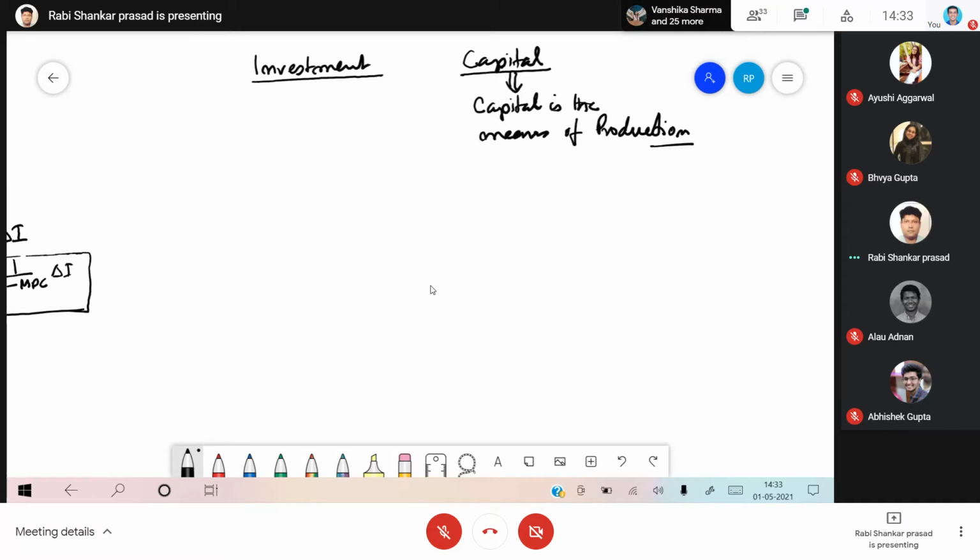It is a very basic concept of capital. The moment you say capital, the first basic concept that comes to mind, if you are an economics student, is something which we use to produce something, and not in the used-up sense. That is the reason it is written: capital is the means of production.